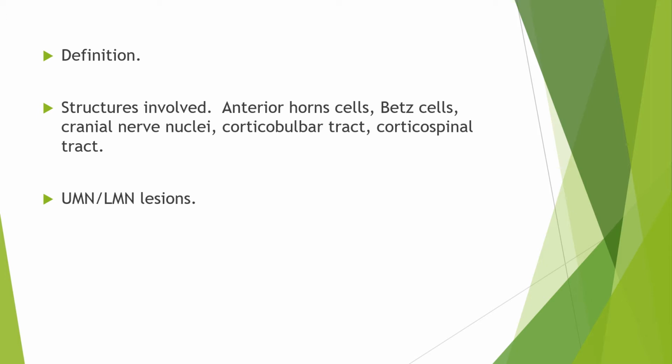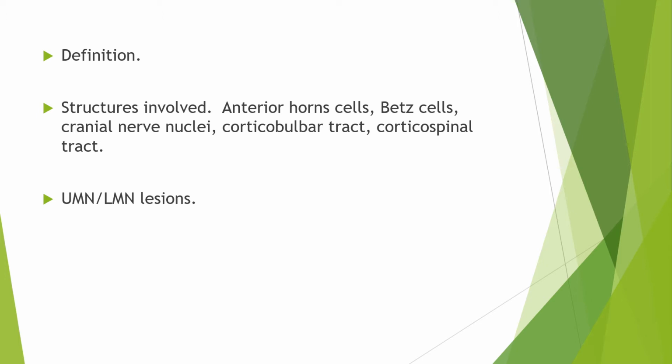And what are the structures involved? You see that there are anterior horn cells in the anterior part of the spinal cord. These relay signals to the muscles and they take signals from the corticospinal tract, that is the upper motor neuron. The corticospinal tract originates from Betz cells. These cells are present in layer 5 of the cerebral cortex. So, in motor neuron disease, anterior horn cells may be affected.